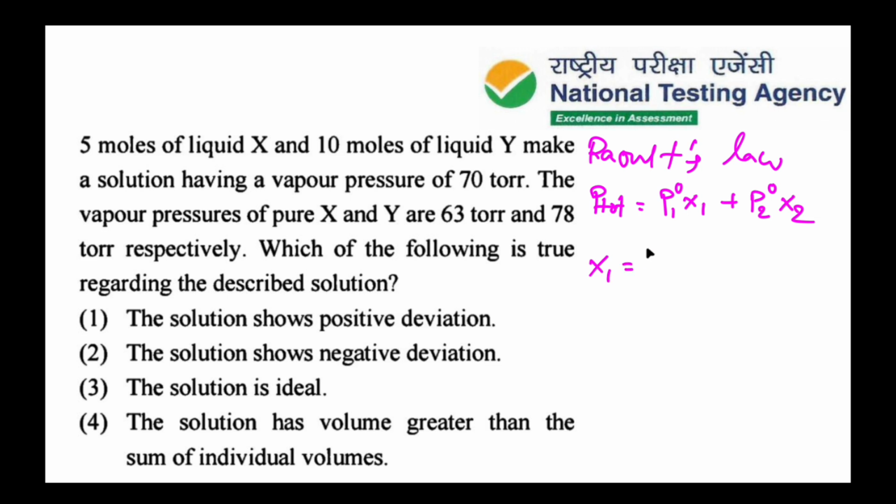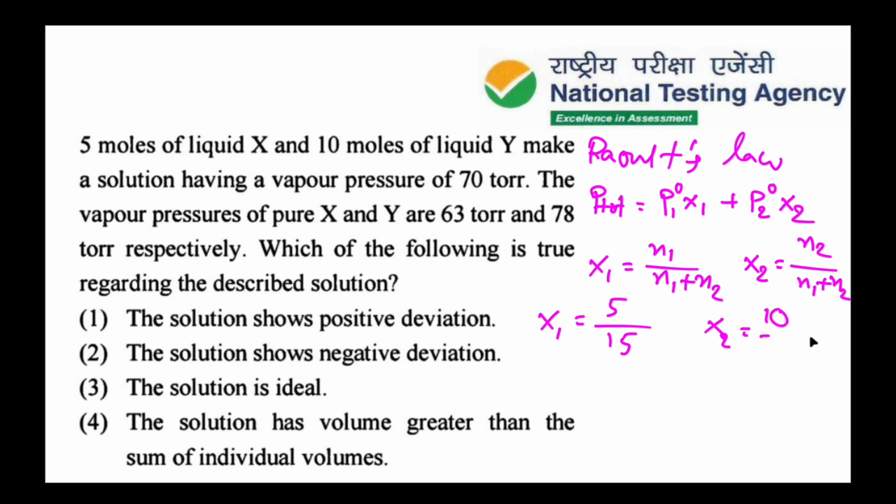Here X1 is equal to N1 by N1 plus N2, and X2 is equal to N2 by N1 plus N2. So what is N1? Moles: 5 moles of X, 10 moles of Y. So N1 value is 5, total is 5 plus 10, 15. So X1 is 5 by 15. Similarly, X2 is equal to 10 by 15.